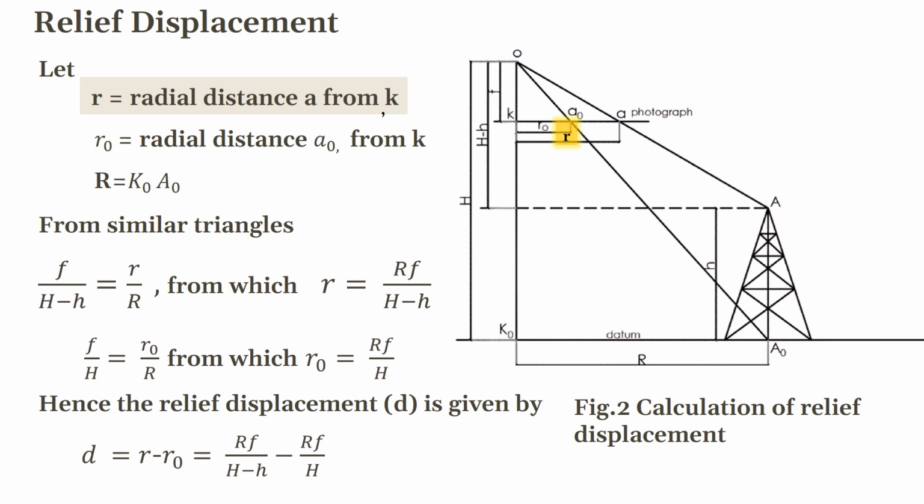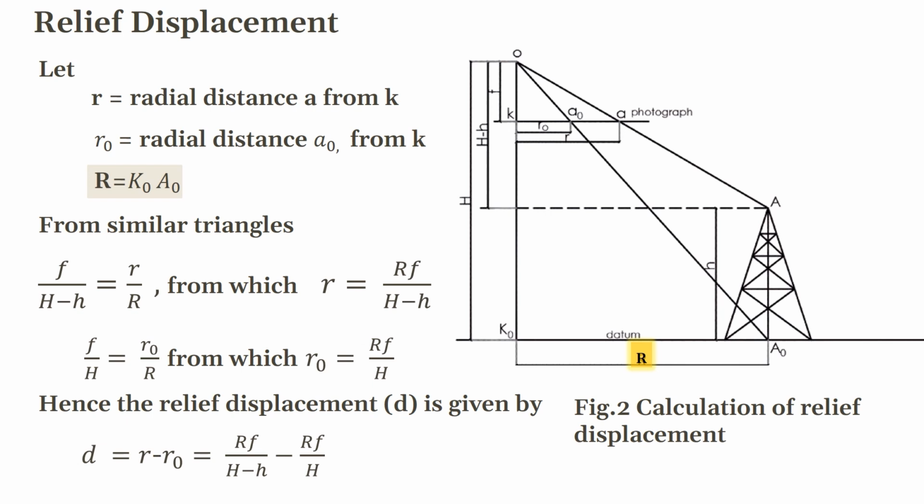Let small r be the radial distance a from k and r naught the radial distance a naught from k, and capital R is the distance between capital A naught and A. Using similar triangles, we can have small f by capital H minus small h is equal to small r by capital R, isn't it? So, from which we can arrive at small r is equal to capital R into f divided by capital H minus small h.